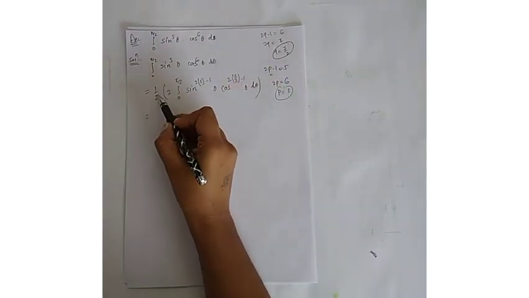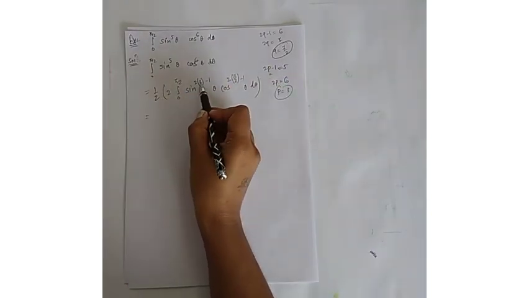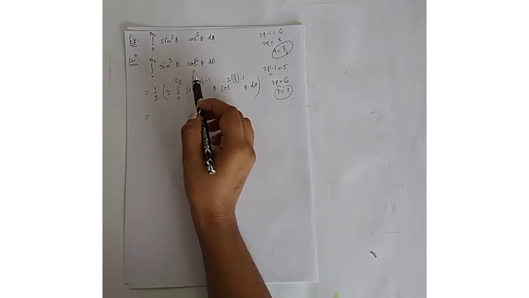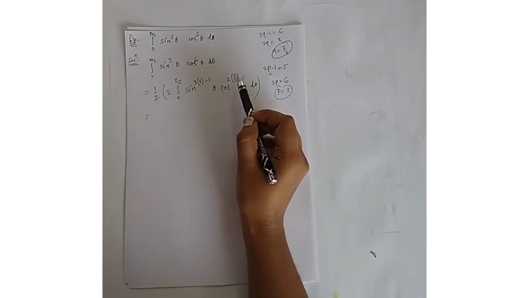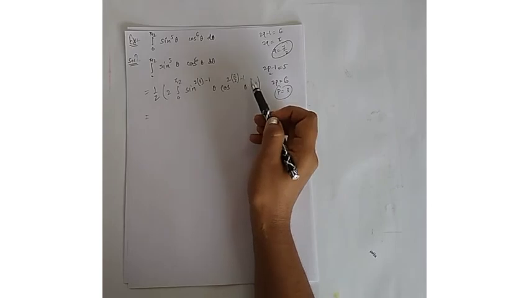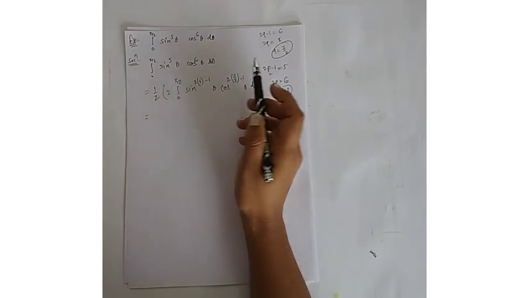You can see 3 into 2 is 6, 6 minus 1 is 5, and 2 into 7 by 2 gives 7, and 7 minus 1 is 6.